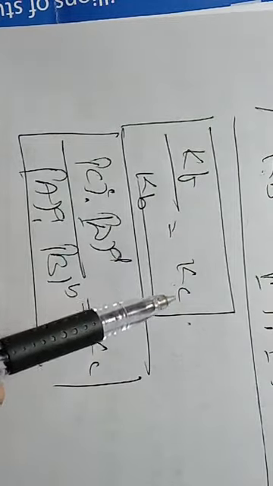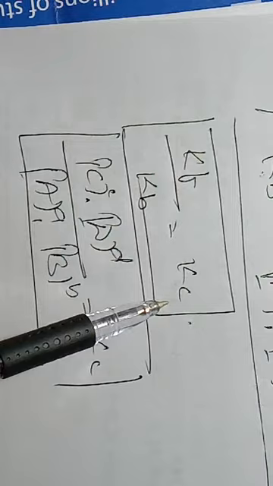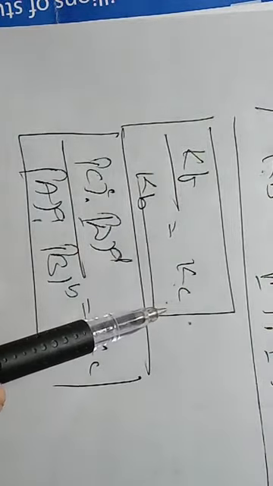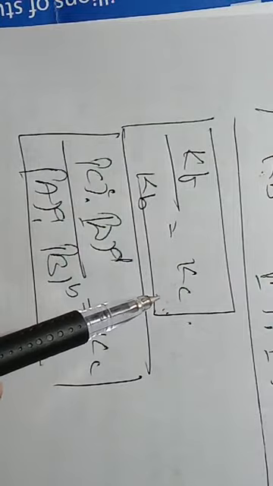So according to this first mathematical expression, the equilibrium constant is the ratio of the rate constants of forward and backward reactions.